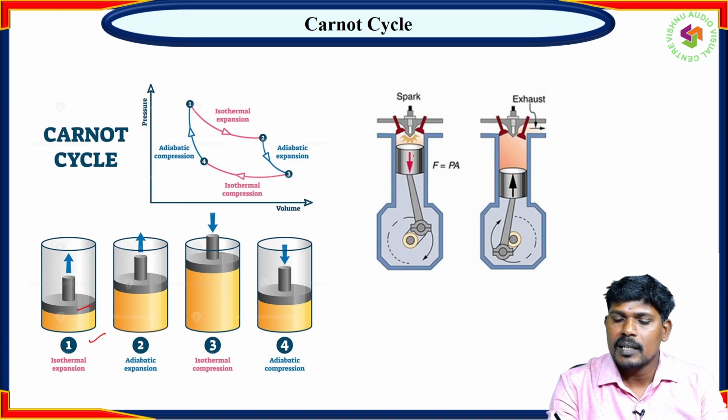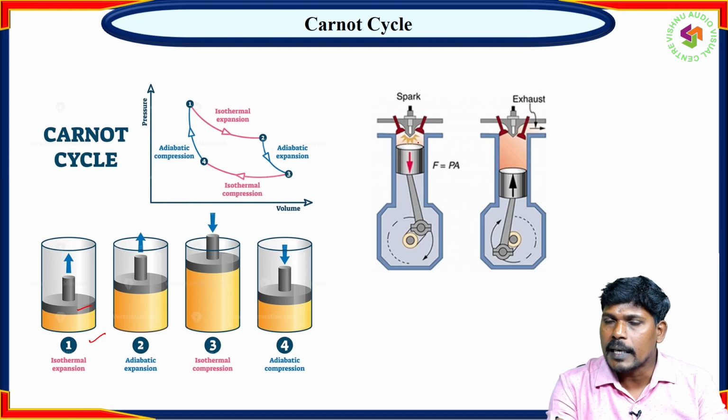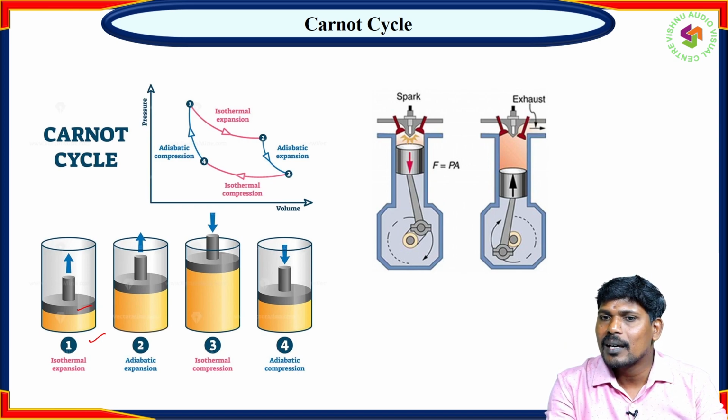Then after that, adiabatic expansion. Isothermal expansion means expansion at constant temperature. After that, adiabatic expansion means expansion with no heat loss, so whatever heat is emitted is converted into work.